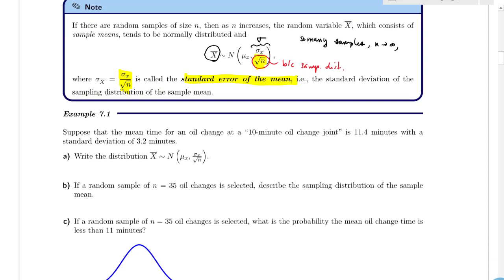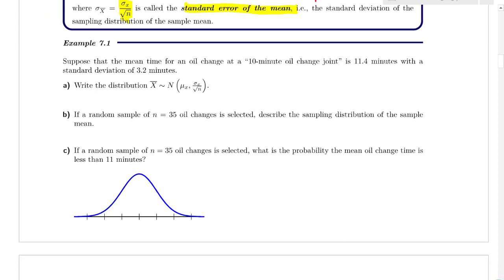So let's try an example. Suppose that the mean time for an oil change at a 10-minute oil change joint is 11.4 minutes with a standard deviation of 3.2 minutes. Write the distribution, like in the box above.